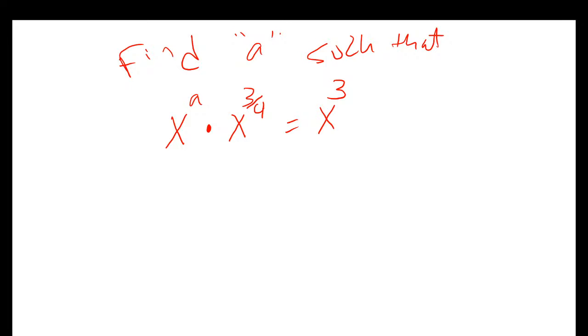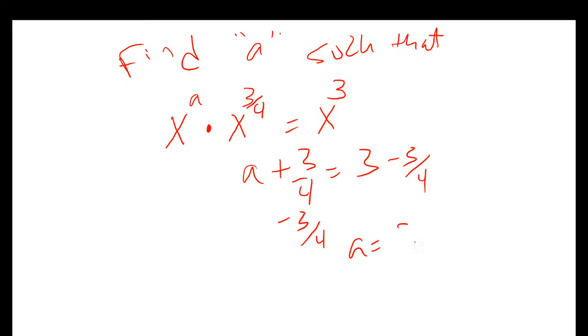How'd you do it? Exactly right. A plus 3/4 equals 3. And then you just subtract 3/4 from both sides. A equals 3 minus 3/4.